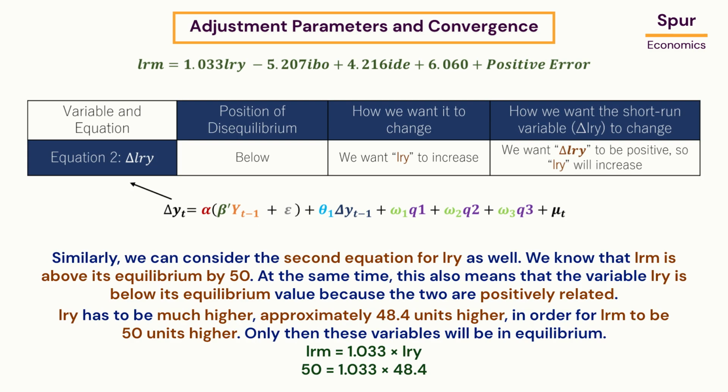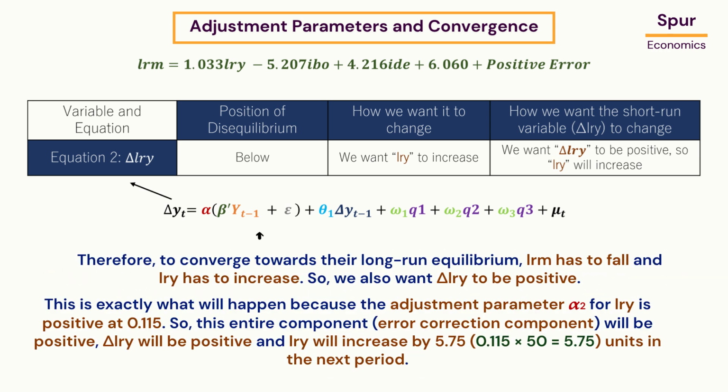Similarly, we can consider the second equation for LRY as well. We know that LRM is above its equilibrium by 50. At the same time, this also means that the variable LRY is below its equilibrium value because the two are positively related. LRY has to be much higher, approximately 48.4 units higher, in order for LRM to be 50 units higher. Only then these variables will be in equilibrium.